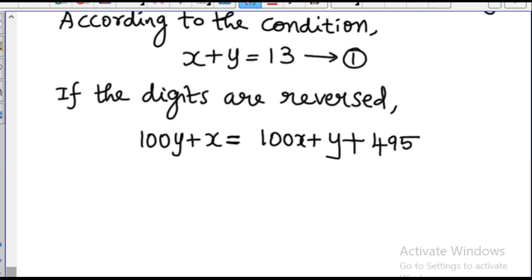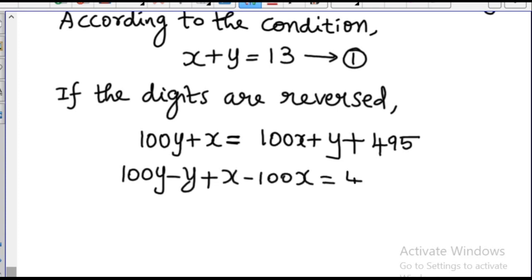So you can use the addition symbol. Now we can use these conditions. 100y plus x equals 100x plus y plus 495. The plus y, when it comes to this side, becomes negative. Then plus x minus 100x is equal to 495.